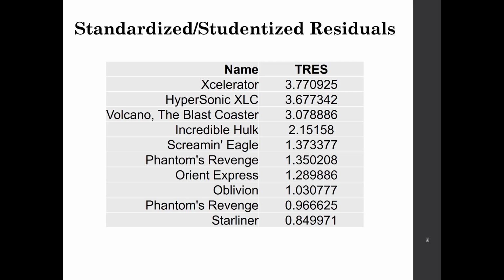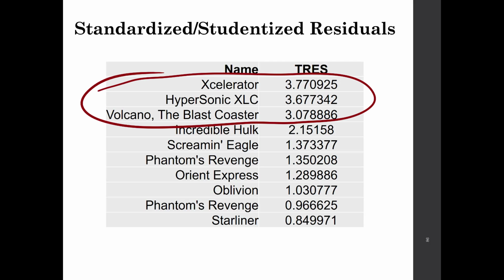I have just included the top 10 or so after I sorted my output. You'll notice that my top 3 studentized residuals are all above 3, so beyond 3 standard deviations is very, very extreme. Pay attention to the names of these roller coasters, the Accelerator, Hypersonic, XLC, and Volcano. We'll be talking about those in just a minute.